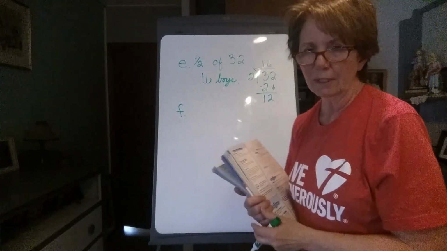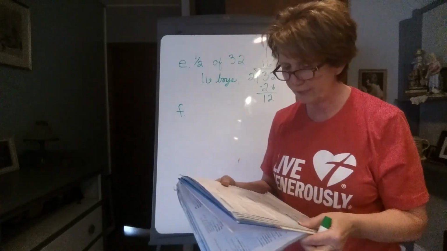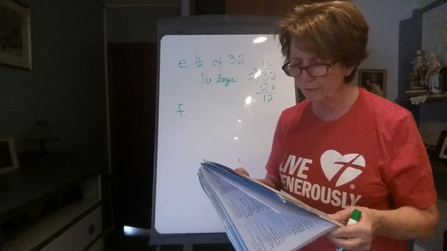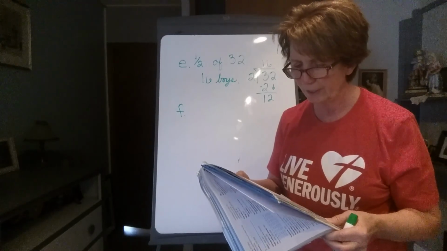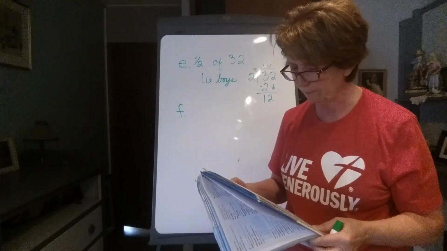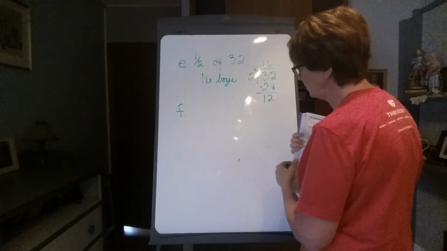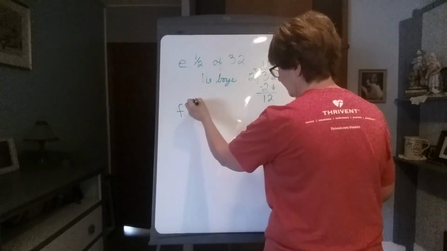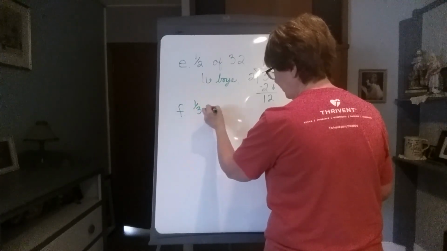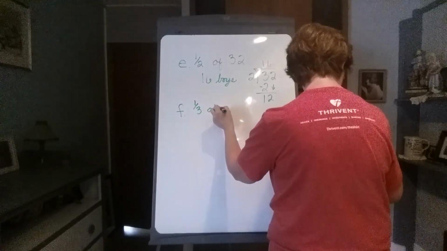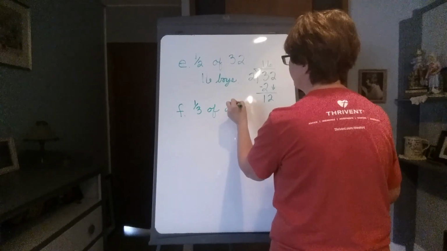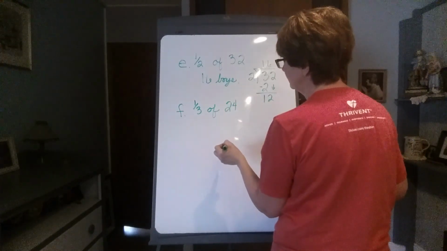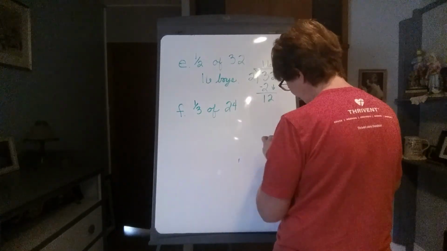Okay, let's read F. F says 1/3 of the 24 coins were quarters. How many quarters were there? So I want you to write down your problem. Did you write 1/3 of 24? Okay.